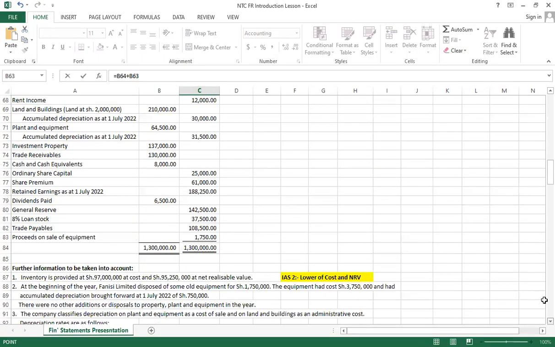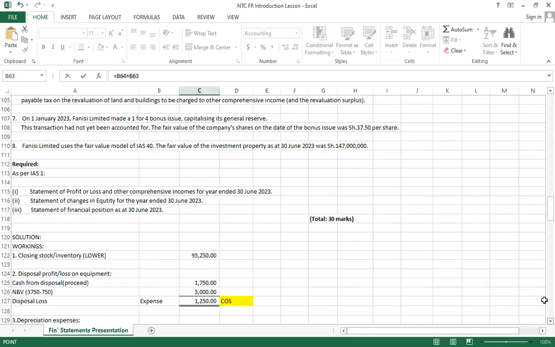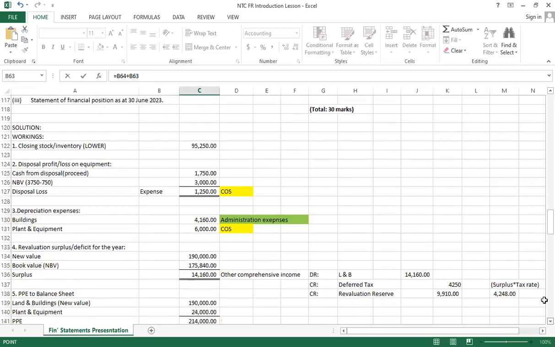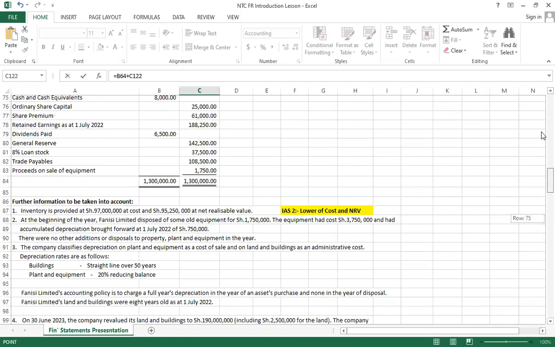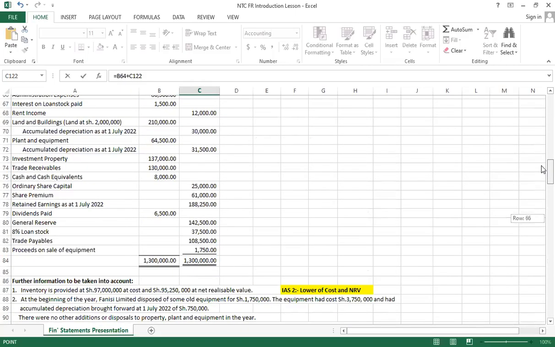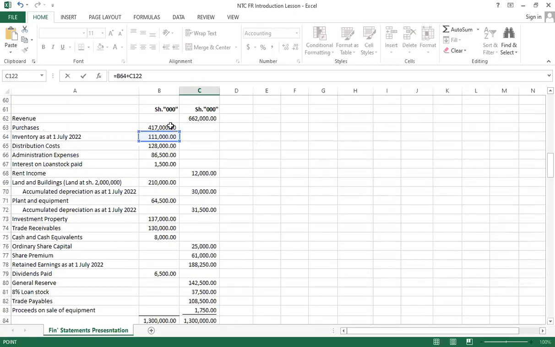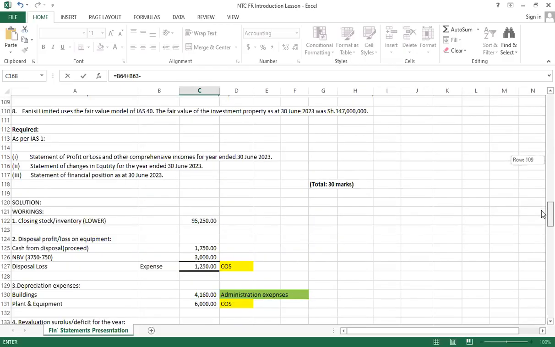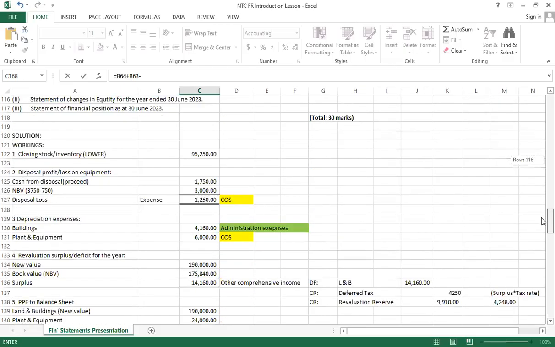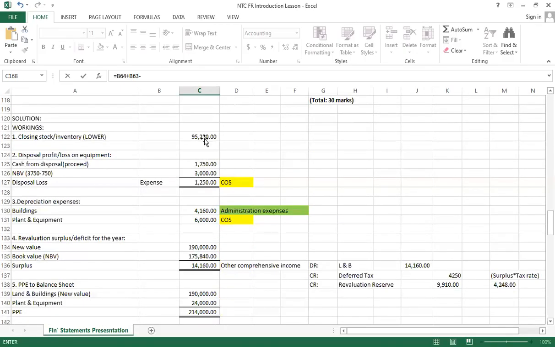And then minus, go back to the workings. In Working 1, you have closing inventory. So it's opening stock plus purchases, and then minus the closing stock, which we had in Working number 1.